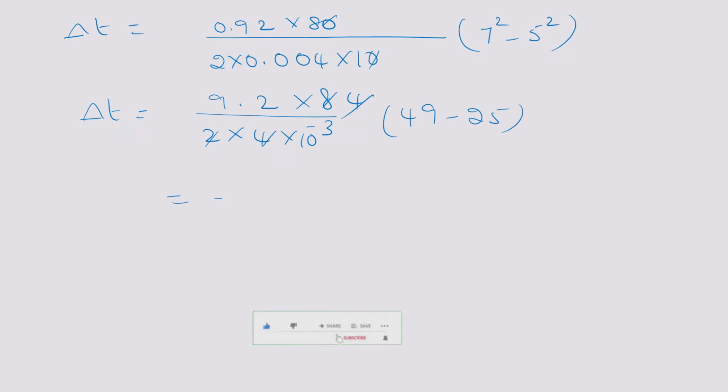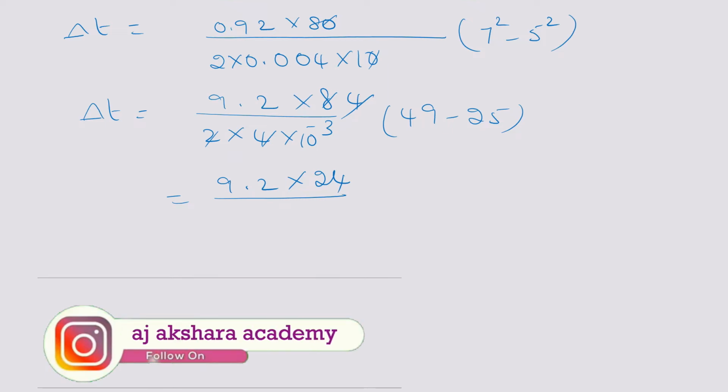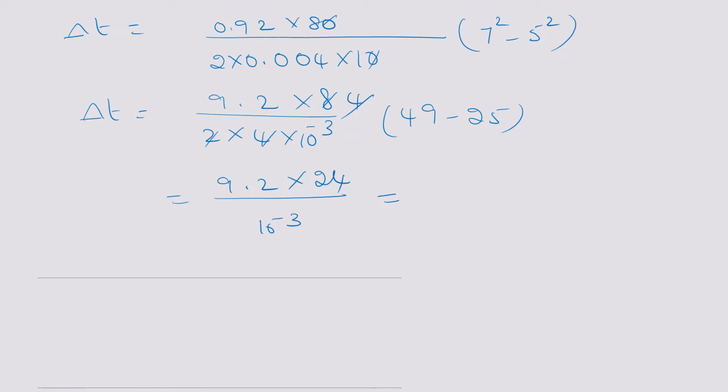So that is equal to 9.2 into 49 minus 25, 24, by 10 to the power of minus 3 into 10 to the power of minus 2. So 9.2 into 24 into 10 to the power of minus 3.